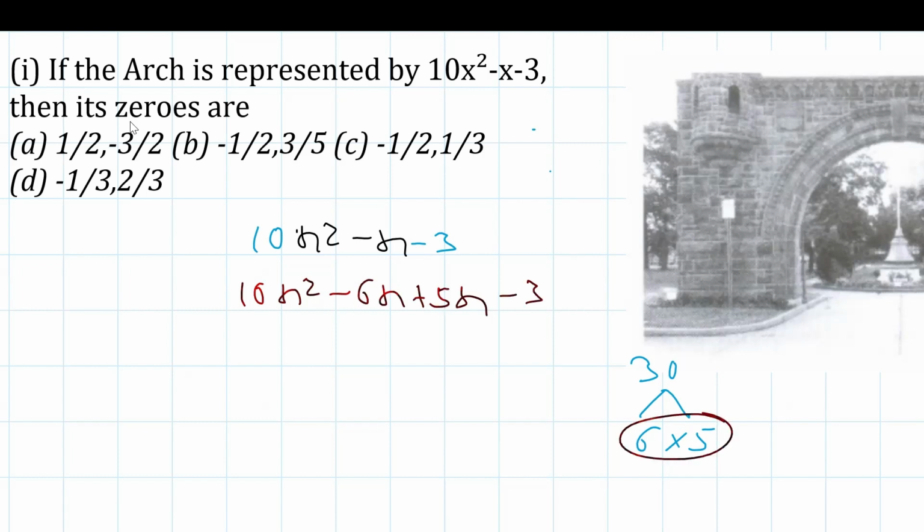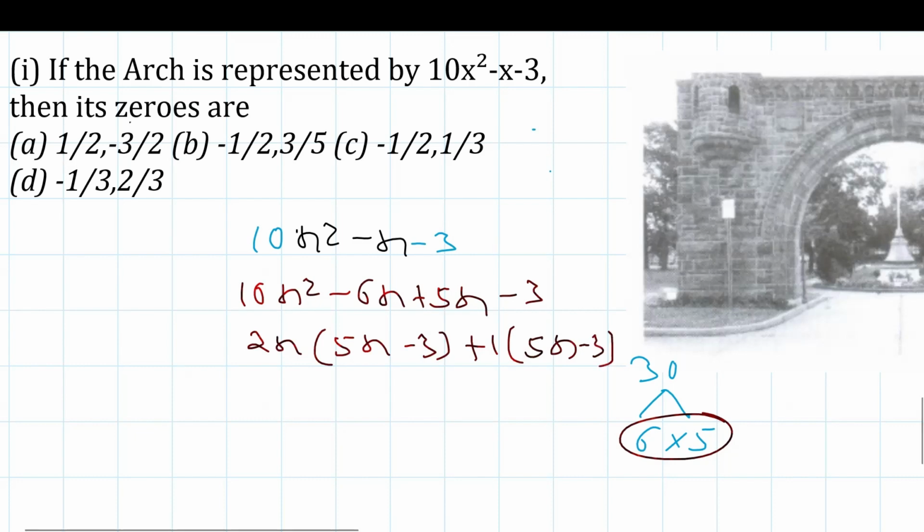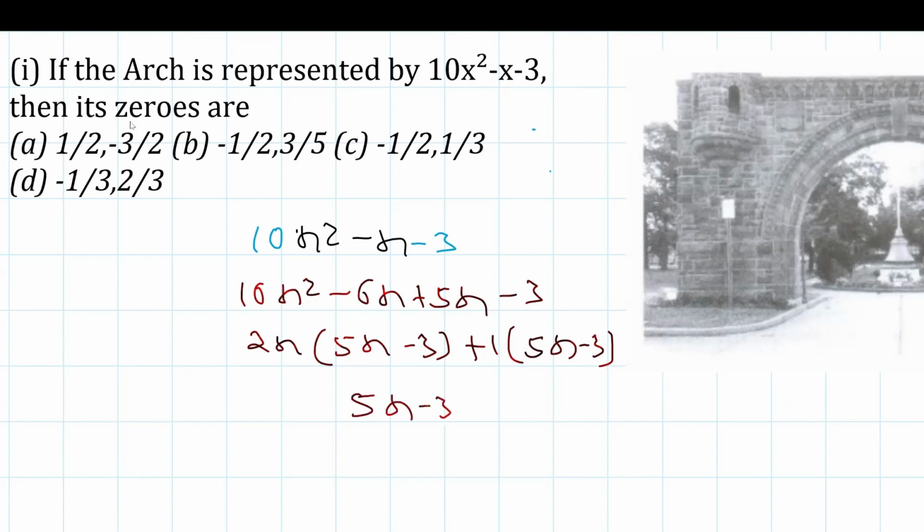Now I can see that from the first two terms, 2x is common. If I take 2x common, I get 5x minus 3. And if I take 1 common here, we get 5x minus 3 again. Now from these two, 5x minus 3 is common, so taking it common, we get 2x plus 1.